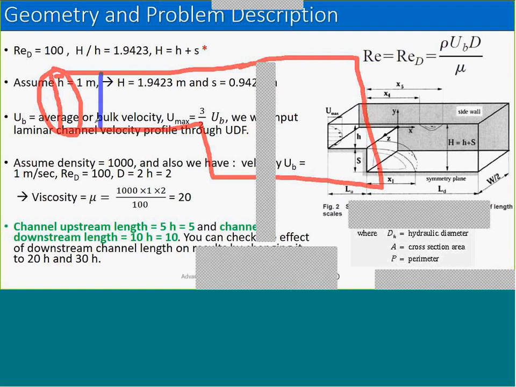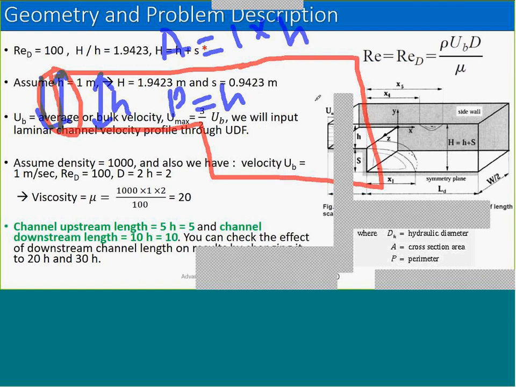Now see, the height is equal to the small h. And assume that the third dimension is 1, unity. It means that the area is equal to 1 into h. The perimeter is equal to the upper side, so 1h, and you can go back.